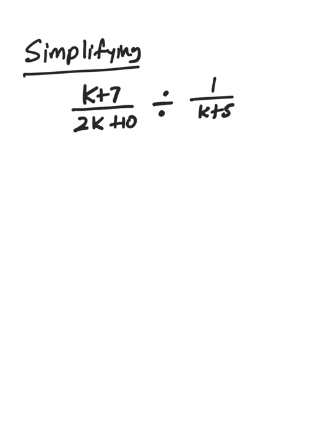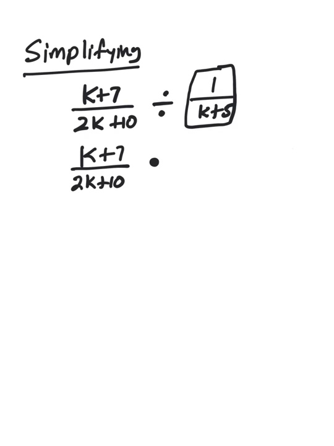What we're doing here is dividing two rationals: k plus 7 divided by 2k plus 10, divided by 1 over k plus 5. As you know from the days when you were adding, subtracting and multiplying fractions, when you divide fractions you're actually going to have to multiply. You're going to have to give me the reciprocal of this fraction, and the reciprocal will be k plus 5 over 1. Now the next step is to factor if you can.